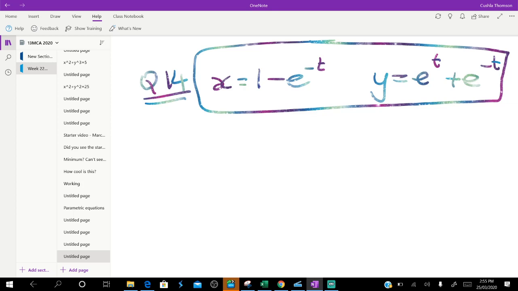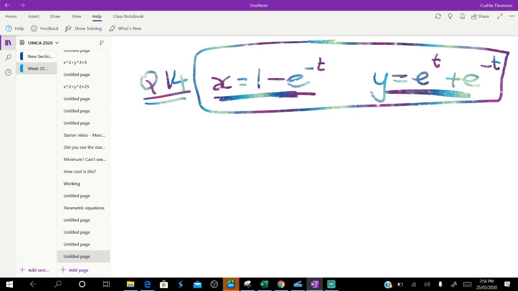So the first thing I want to talk about is how do I figure out what this curve looks like? Because sometimes we can take the x and y and put it back together into a normal curve. The way that we might do that is by trying to make t the subject. We can do a whole lot with it in parametric form, but let's try making t the subject.